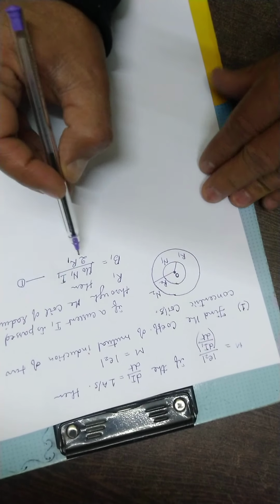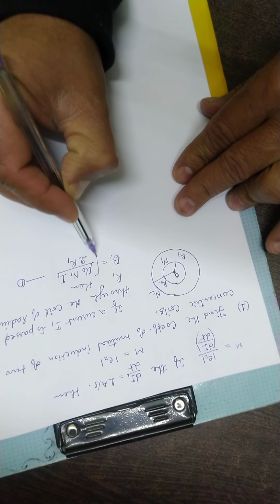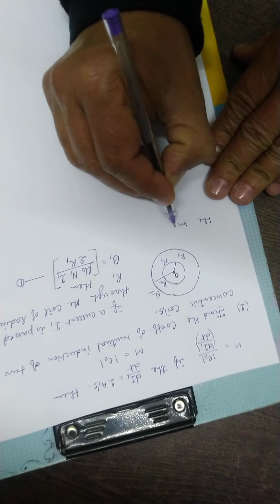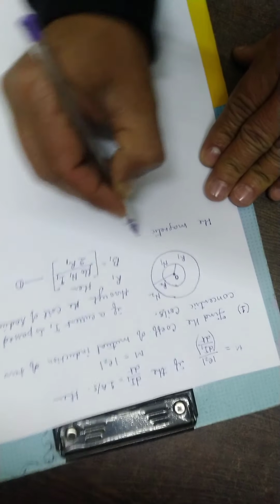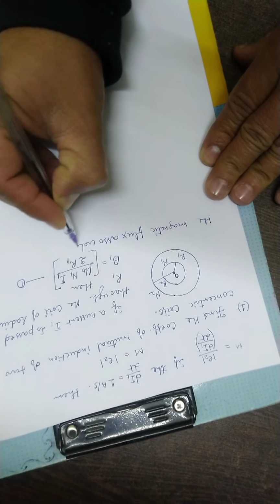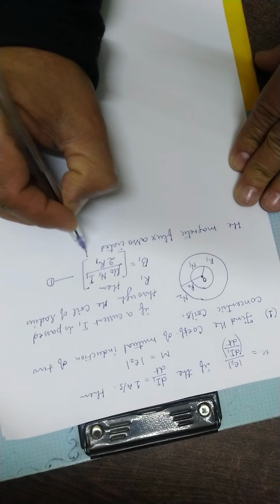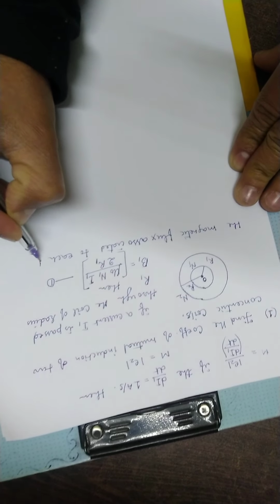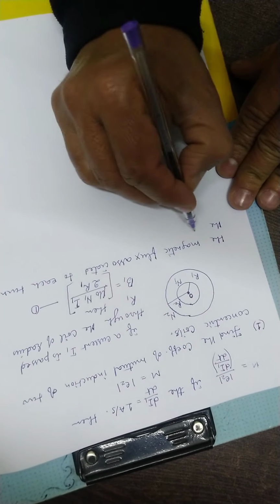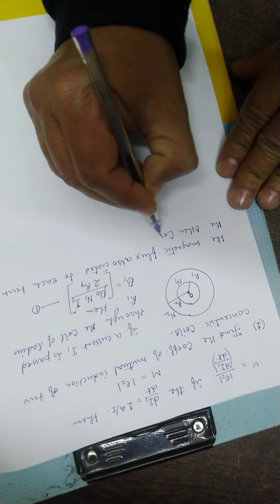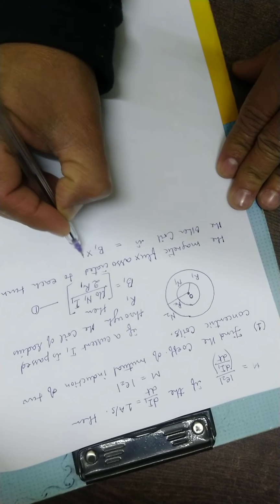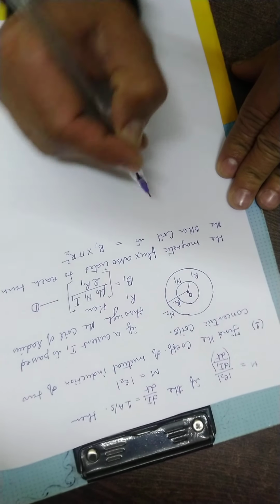Dear students, due to this magnetic field, the magnetic flux associated to each turn of the other coil is equal to B1 multiplied by the area of cross section.